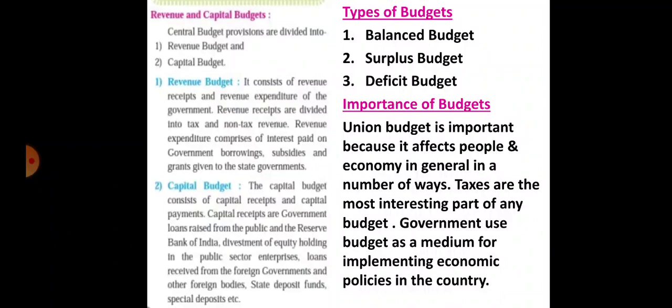This budget may prove useful during a period of depression. In a period of depression, all economic activities are at a low level, which results in unemployment. This can be checked by increasing government expenditure by borrowing money and through deficit financing. This will increase employment and also the aggregate effective demand for goods and services. It also encourages investment.